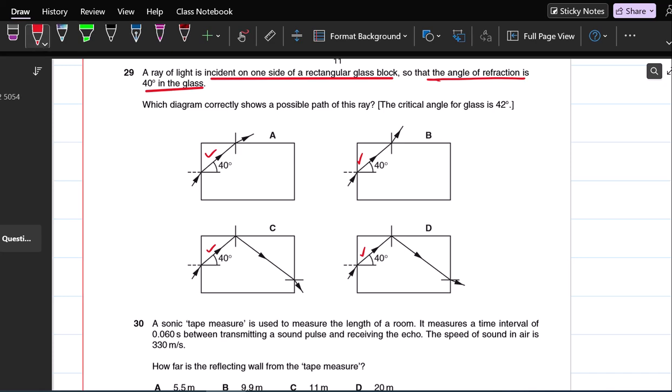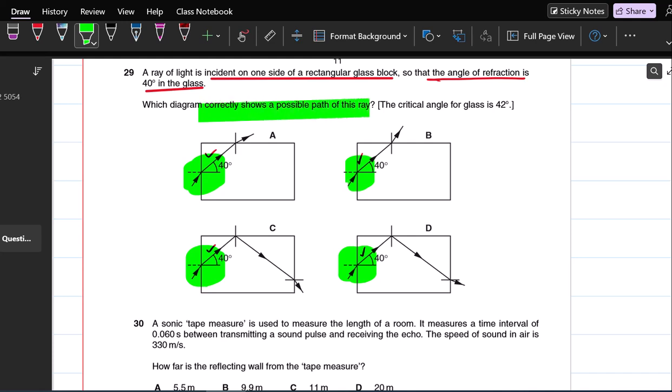If you see, all these diagrams are correct till here. But which diagram correctly shows a possible path of this ray if the critical angle of the glass is 40 degrees? Now a little change is going to occur at this end, so we have to decide what is going to happen.